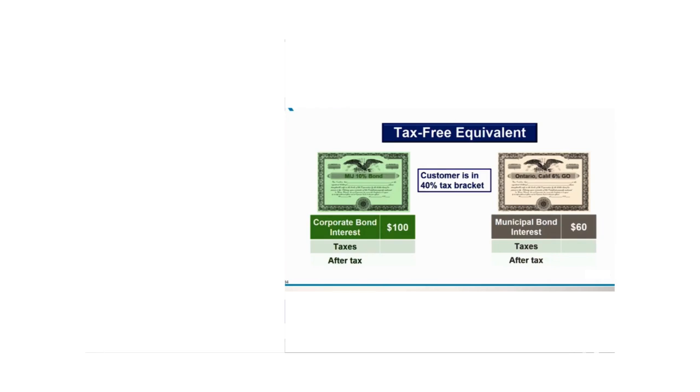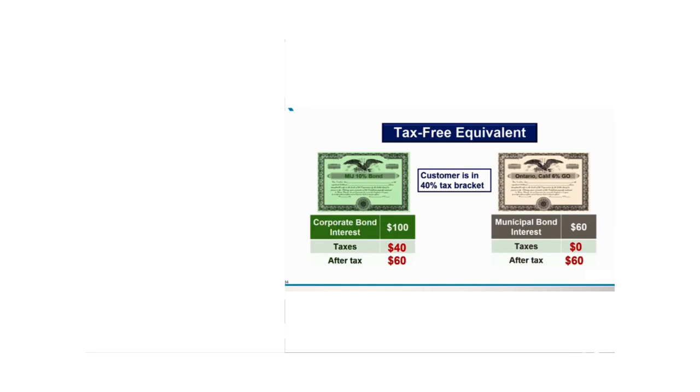Let me give you an example here. Let's say that you have a customer that's in a 40% tax bracket and they're looking at a taxable corporate bond that pays 10% interest. They receive $100 of interest per year, they pay $40 in taxes on it, and they're left with $60 after they've paid those taxes. Now, on the other hand, they might also be looking at a municipal bond that pays 6% interest.